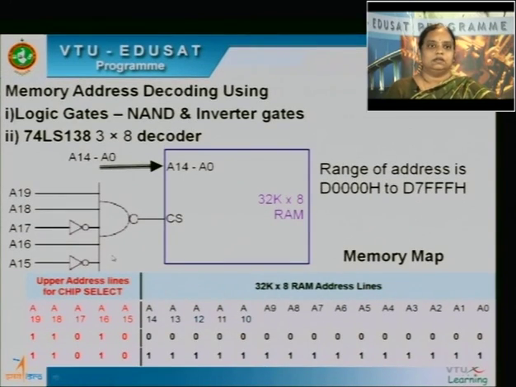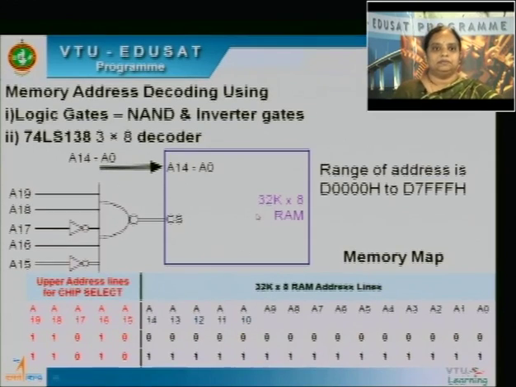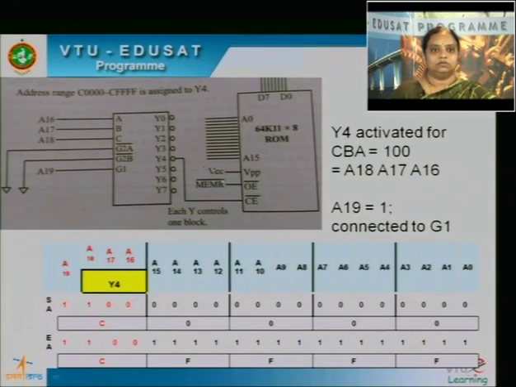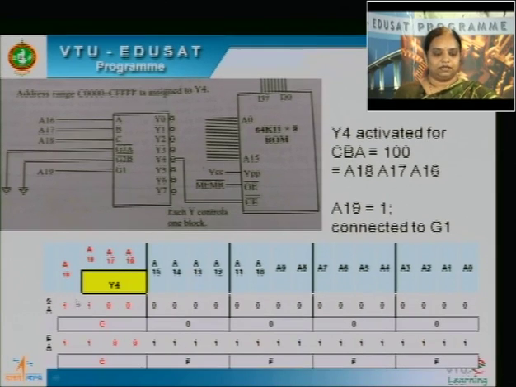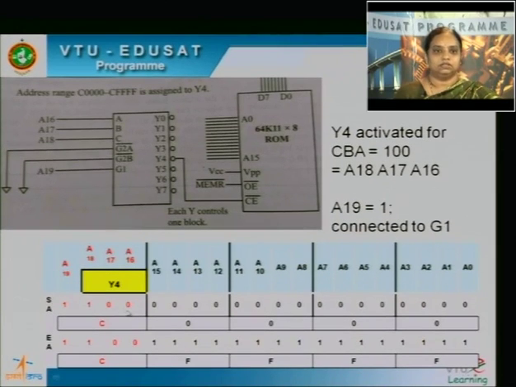So, the next type of decoding is through a decoder. Instead of using 1 NAND gate for each memory chip, if these memory chips are assigned contiguous memory addresses, we can use a decoder. And in this example of 3:8 decoder, we have seen Y4 being activated due to these combinations of 1100.